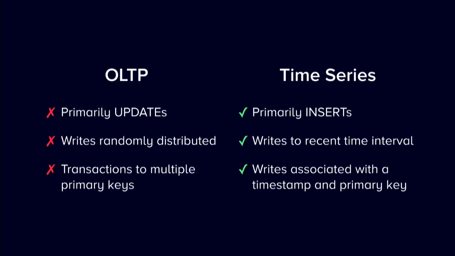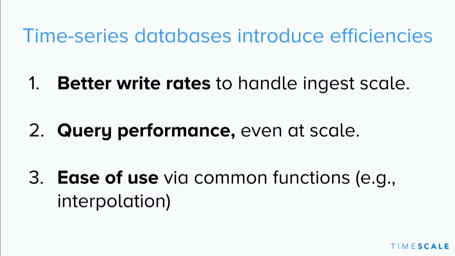In the time series world, as we discussed earlier, it's quite different. You're primarily inserting data, primarily into a recent time interval, and each data point is associated with a primary key and a timestamp. Because of these differences, time series databases can introduce efficiencies, typically of three kinds.